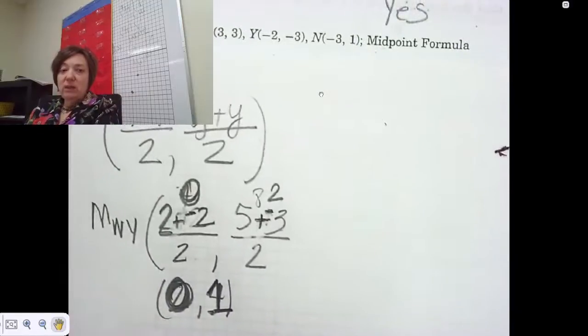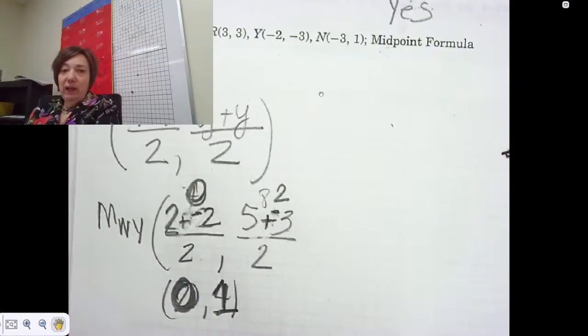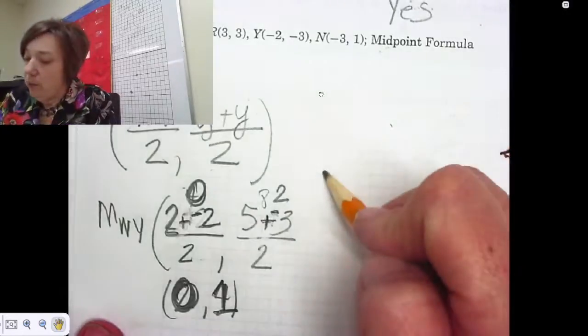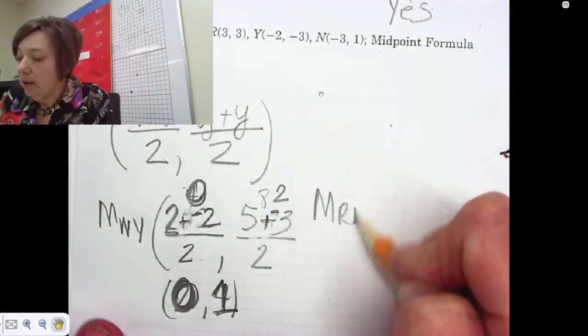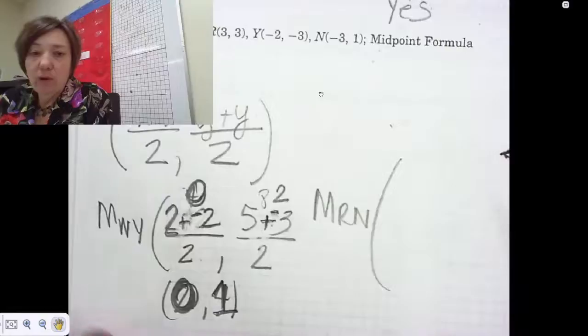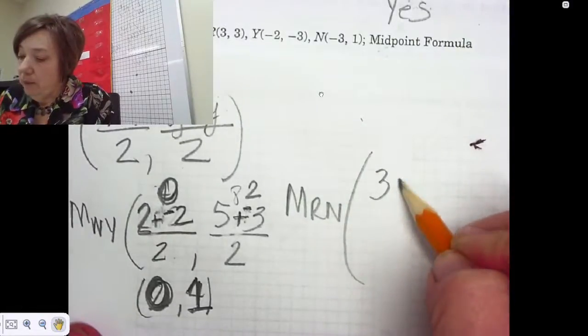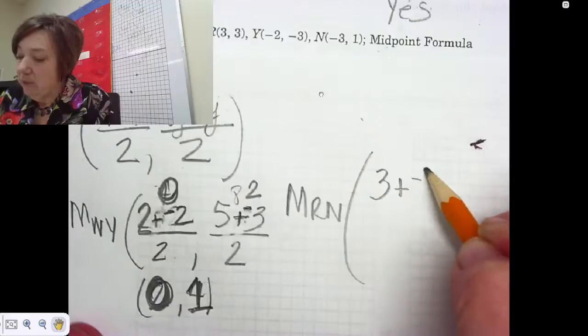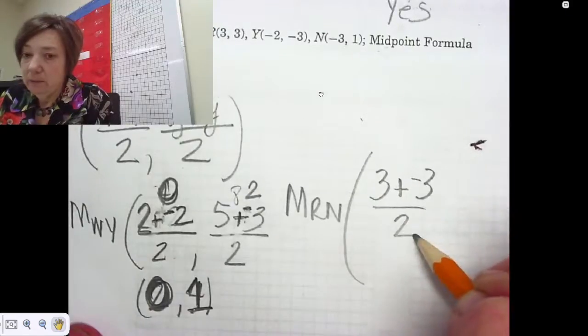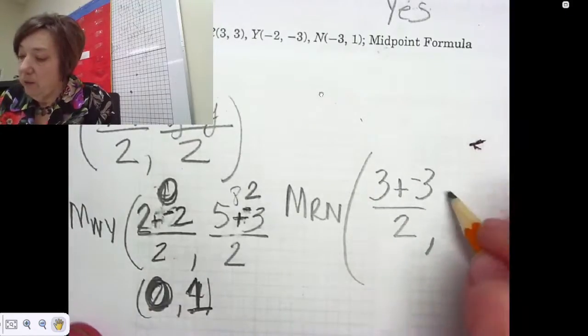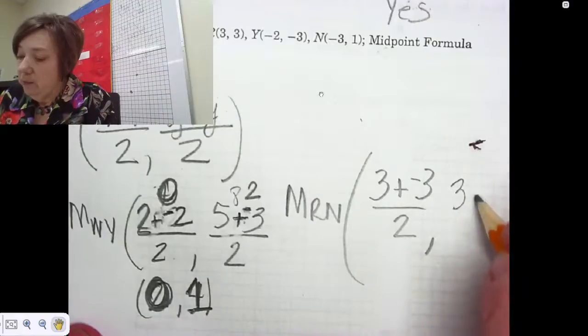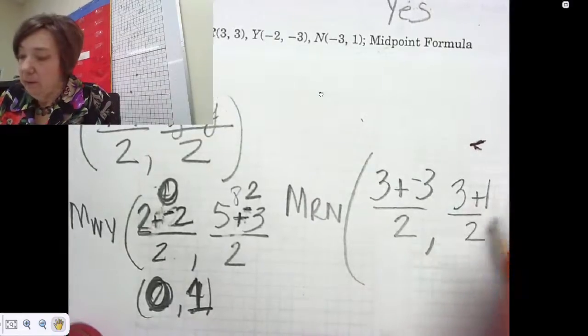All right, so that's WY. Then we got to do RN. So the midpoint for RN, we're going to do 3 plus negative 3 divided by 2. And then we're going to do 3 plus 1 divided by 2.